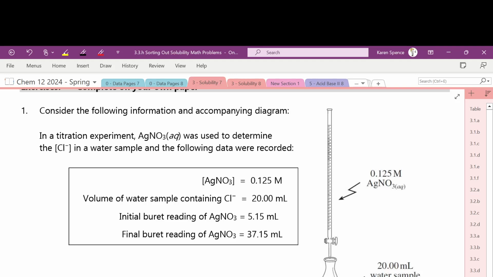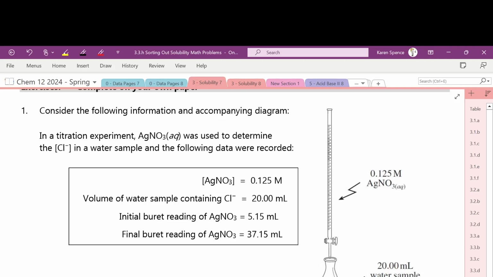You find those moles, and you'll use the ratio, one of those and one of those, so the moles are the same. And then you'll say, what am I asked for? What is the concentration? The concentration is moles of chloride over liters.